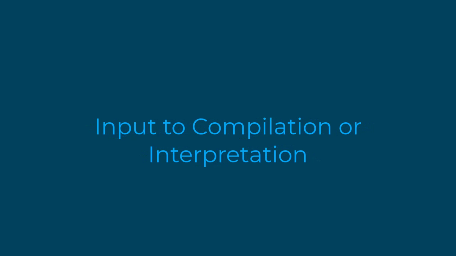Number 4 point that I want to discuss here is input to compilation or interpretation. Source code is typically processed by a compiler or an interpreter. So you have written some code, and then you have to compile the code using the compiler, or you can use the interpreter, to generate the machine code, or sometimes we call it byte code, that can be executed by a computer.